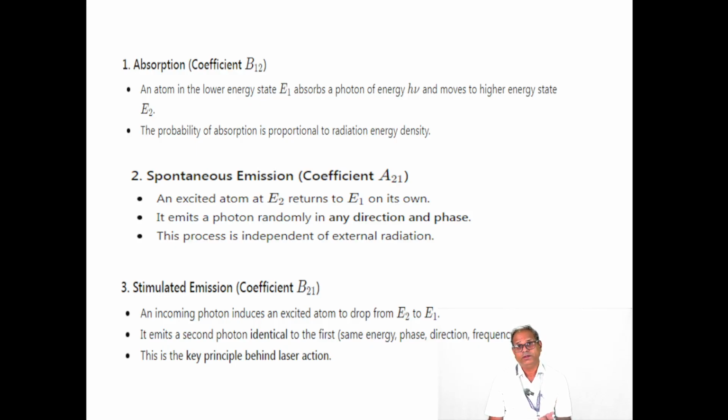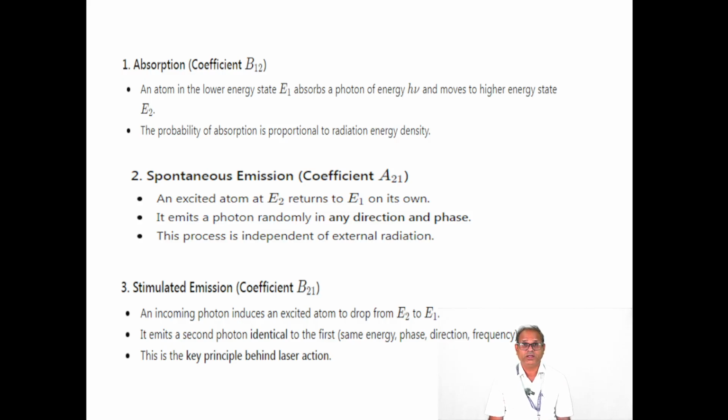R spontaneous emission is equal to a constant, and that constant is A21, which is called the Einstein coefficient of spontaneous emission. This process is independent of external radiation, because atoms come from the higher energy state to the lower energy state on their own. And the last coefficient is stimulated emission, that is coefficient B21.